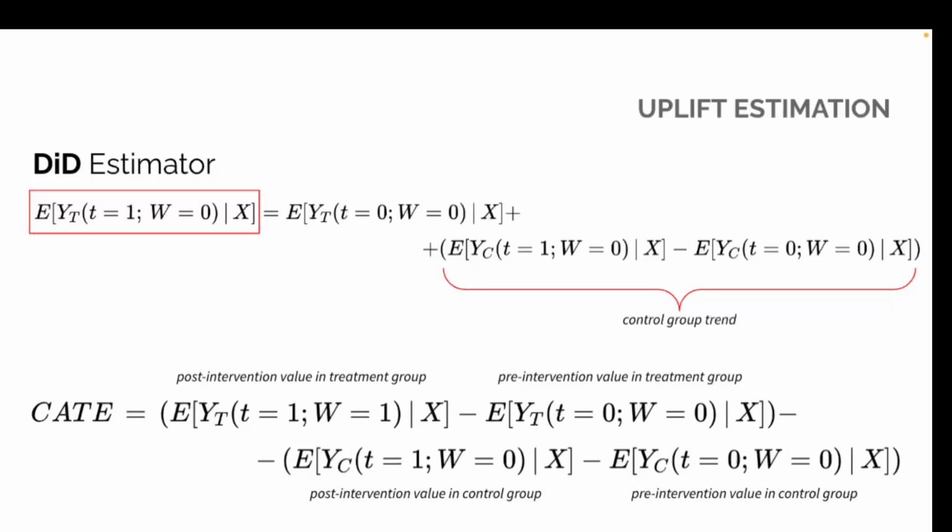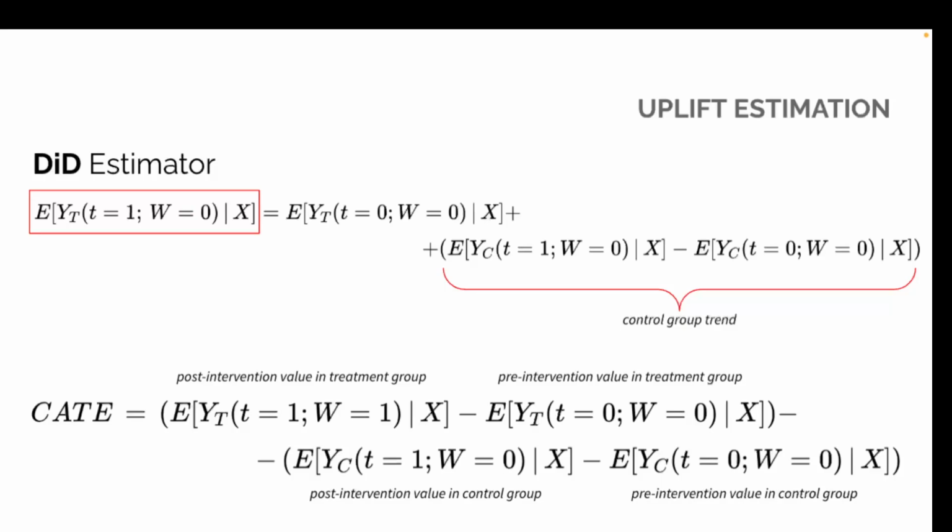So the expression in the bracket, which is called the control group trend, simply tells me the change that I observed in my variable for the control group. That's it.